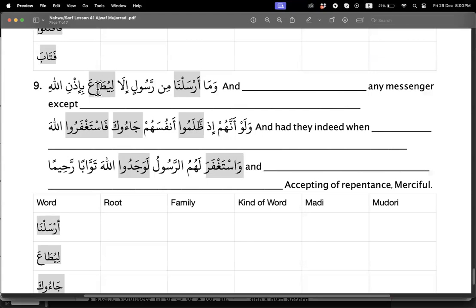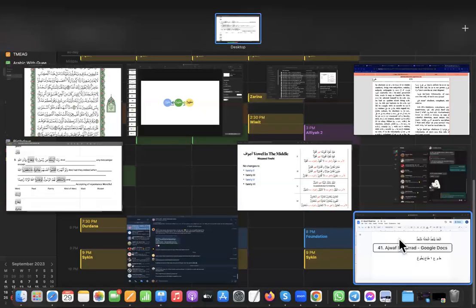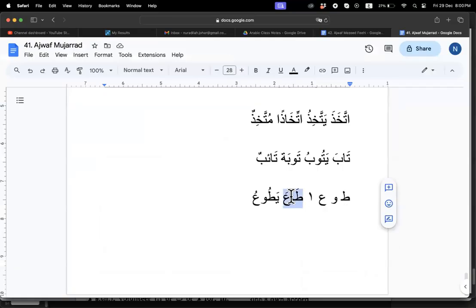If you make this majhul, what will be the madi majhul? Think about qala. What's the madi majhul of qala? Qila. So this one will become ti'a. Good.